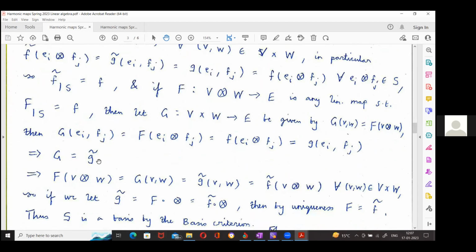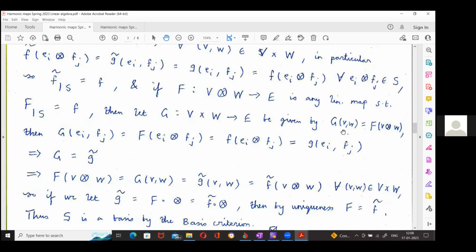Is that clear? Yes. Two multilinear maps which agree on the pairs of basis elements have to agree everywhere; you just use the definition of multilinearity. So now capital G is equal to G tilde.